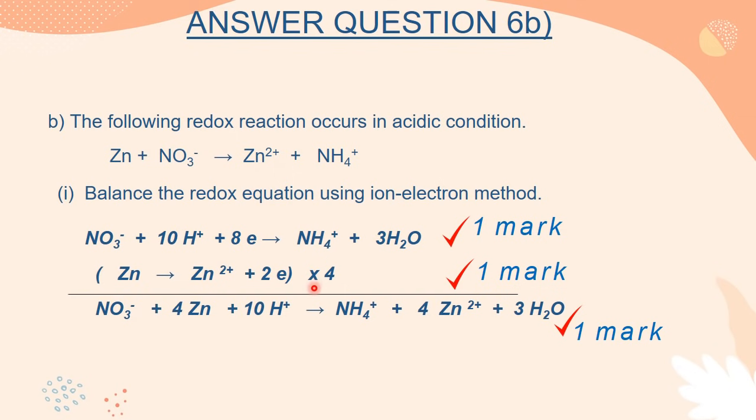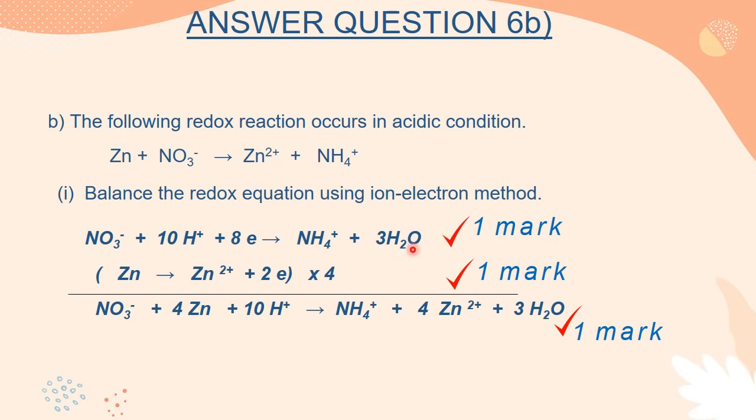After that, we check the atoms. Okay, so first, NO3- becomes NH4+. So we check. Nitrogen is balanced, there is 1. Okay, and then on the left side there are 3 oxygens.